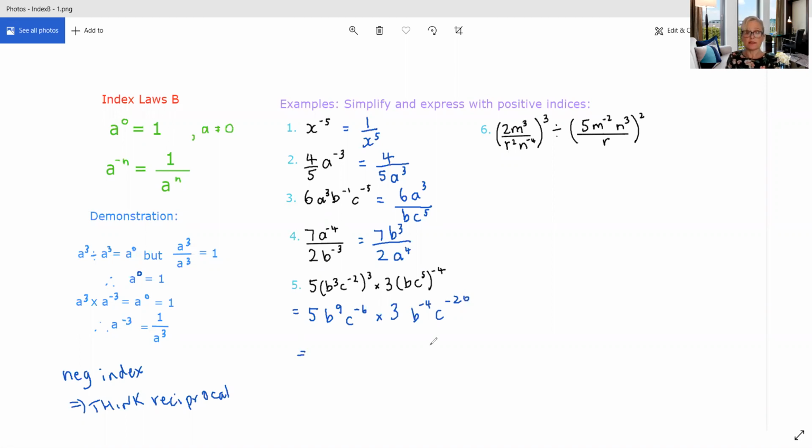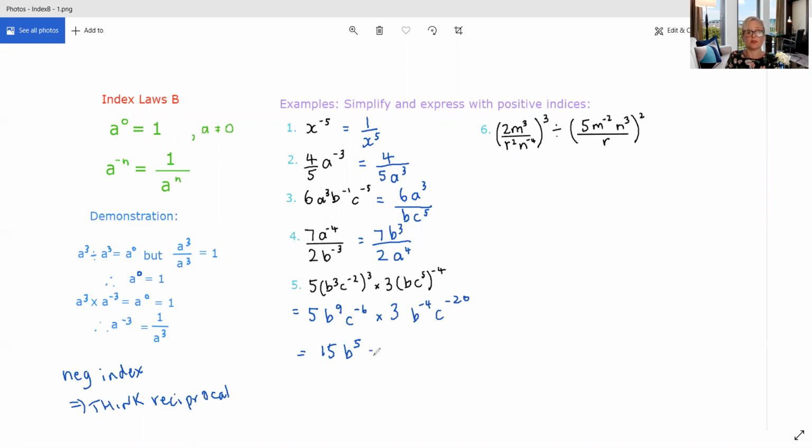Let's just tidy this up a bit first, put all our b's together and all our c's together, and then we'll work out what we're going to end up with as our expression. 5 times 3 is 15. B to the 9 times b to the negative 4, adding those indices, and we get b to the 5. C to the negative 6 times c to the negative 20.